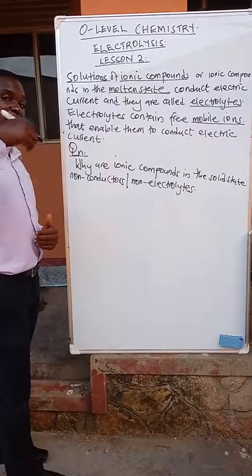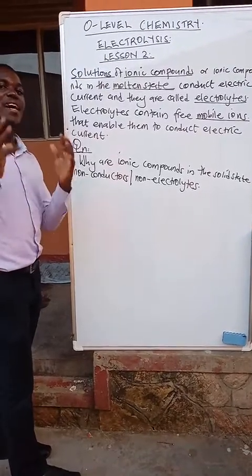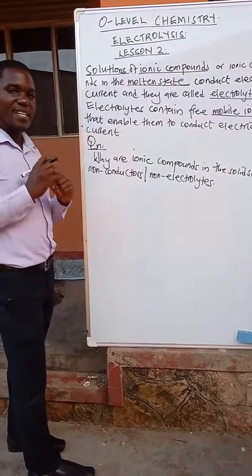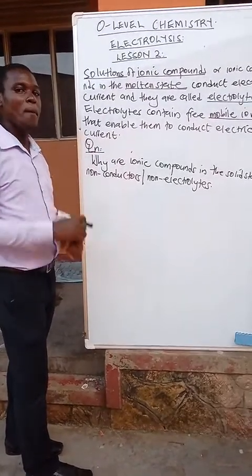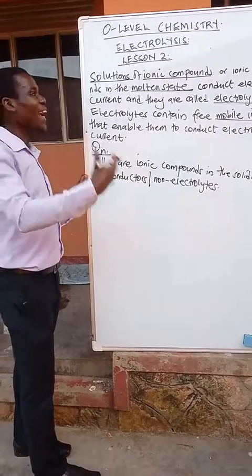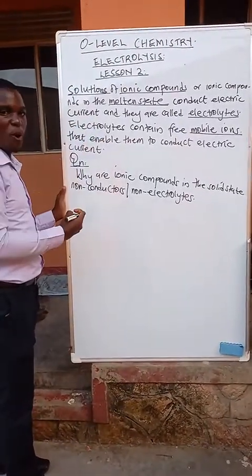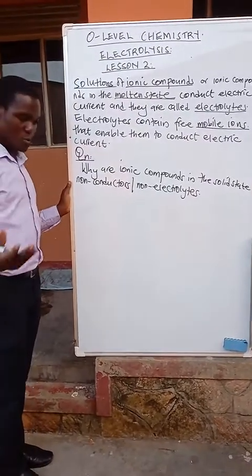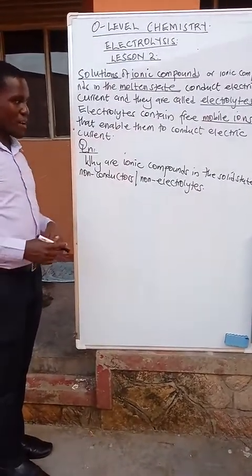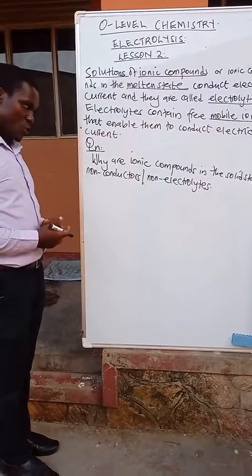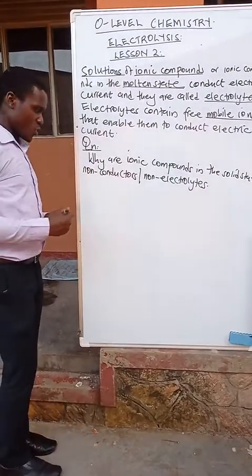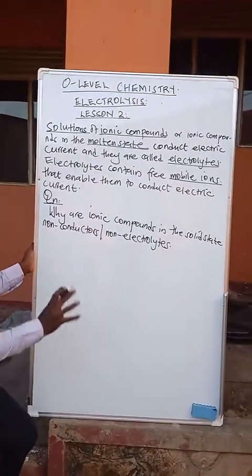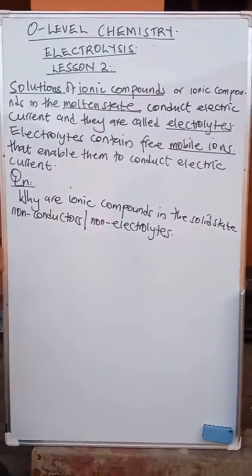So if you remember the properties of ionic compounds, you were told that ionic compounds do not conduct electricity in the solid state, but they conduct electricity in the solution form or the molten state. So why? That's what we want to remember, and then after remembering that, we shall be in a position to get an answer for this. All right, so now we are going to have an example. We are going to first illustrate the formation of one ionic compound here.